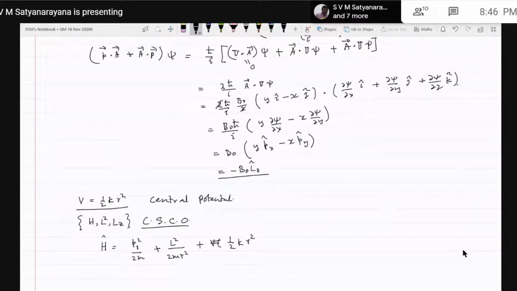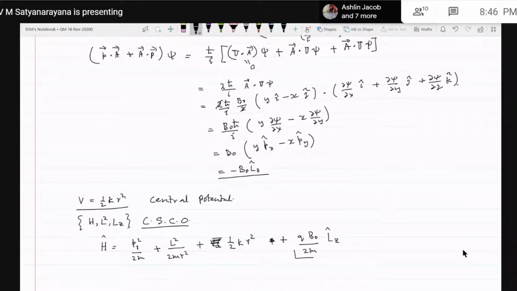And now you have a minus sign, minus and minus will become plus. Plus you have q times B naught by 2m into Lz. Okay, so this is your Hamiltonian.